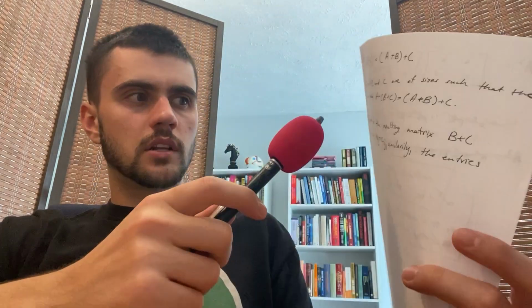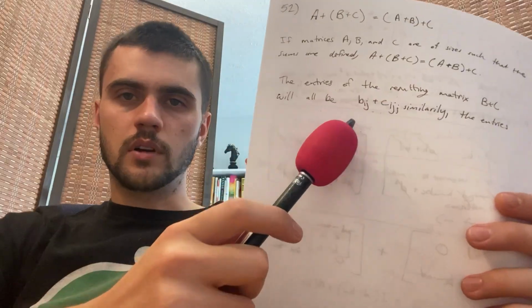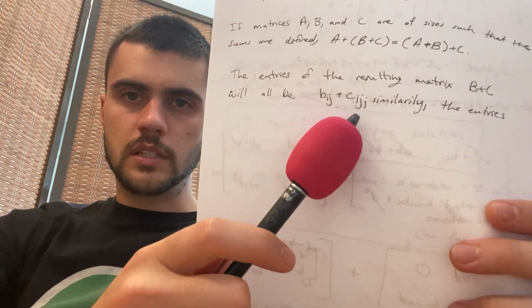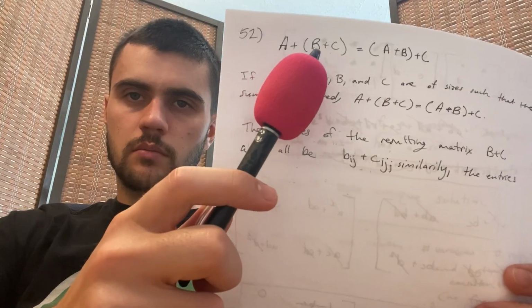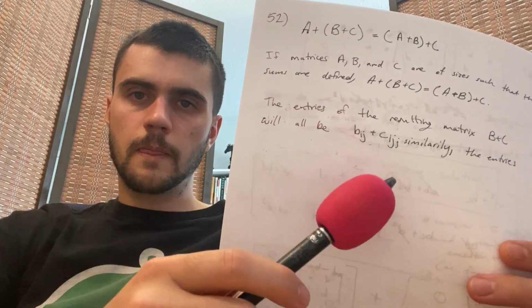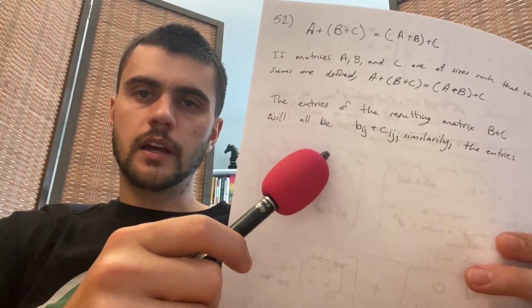So basically what I'm trying to do here is say the entries of B plus C will be Bij plus Cij. Similarly, B plus C plus A will be basically this, with these the parentheses, and then A is on the outside, Aij.